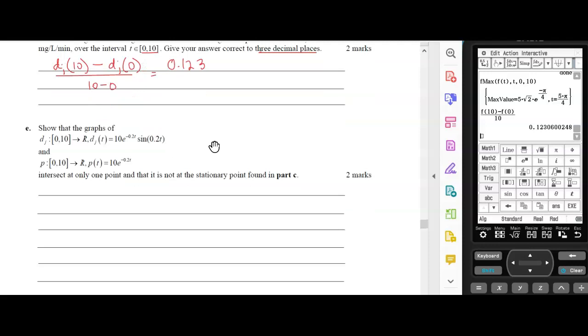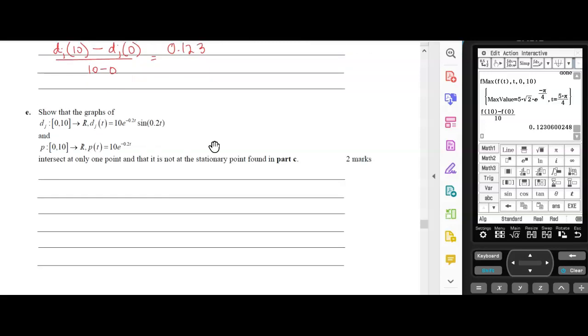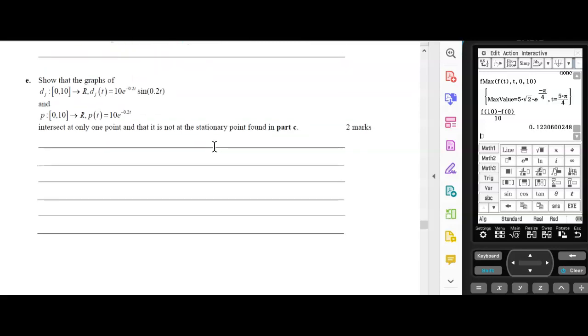All right, show that the graphs of DJ and P intersect at only one point and that it is not at the stationary point found in part C. Okay, so it's worth 2 marks. So if they intersect, they're equal to each other. So let's just do dj of t is equal to p of t. Now, because it's a show that question, we should really show a bit of working out.